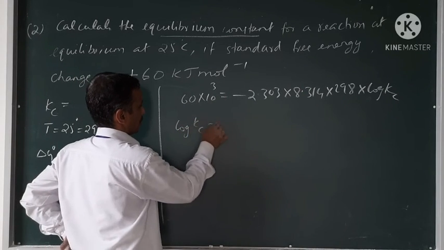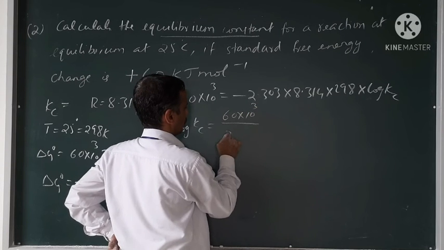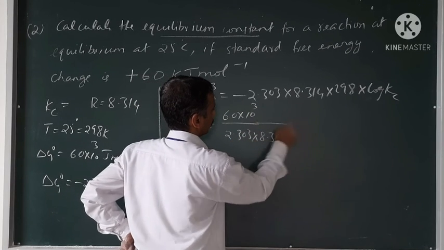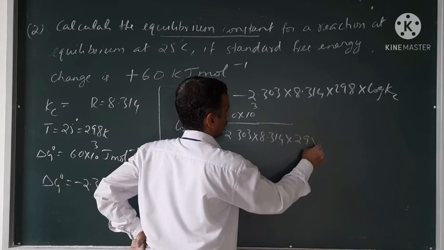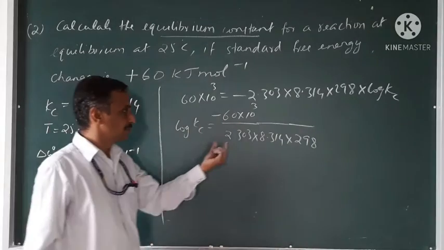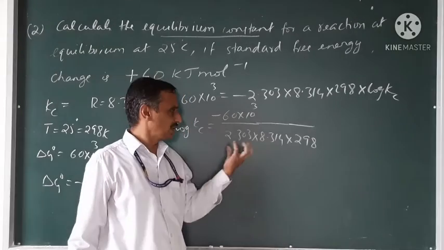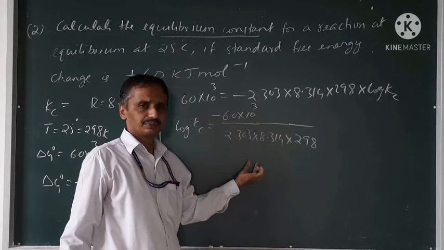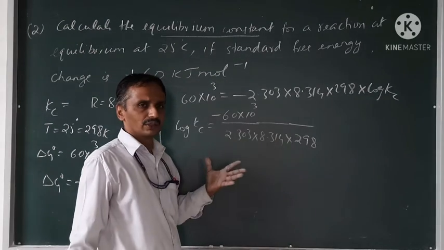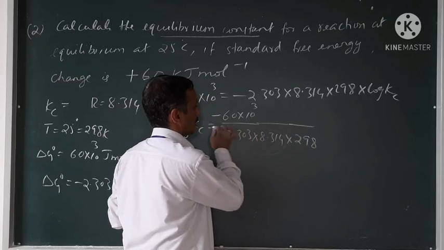Log Kc is equal to 60 into 10 over 3 divided by 2.303 into 8.314 into 298 with a minus sign. See, for the competitive exam, we can remember this value because it will always be there. 8.314 into 2.303, that value can be directly remembered for the competitive exam.